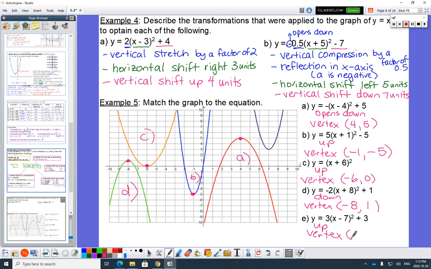So this is going to be to the right 7 and up 3. So that's another type of question you could have to do.